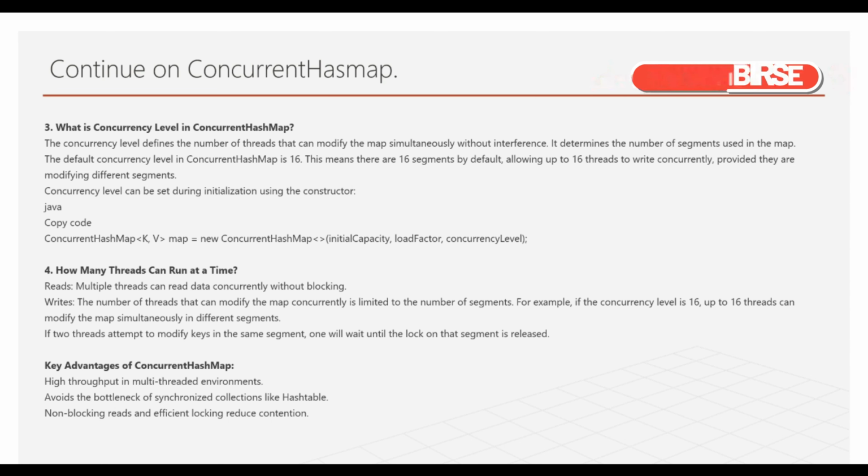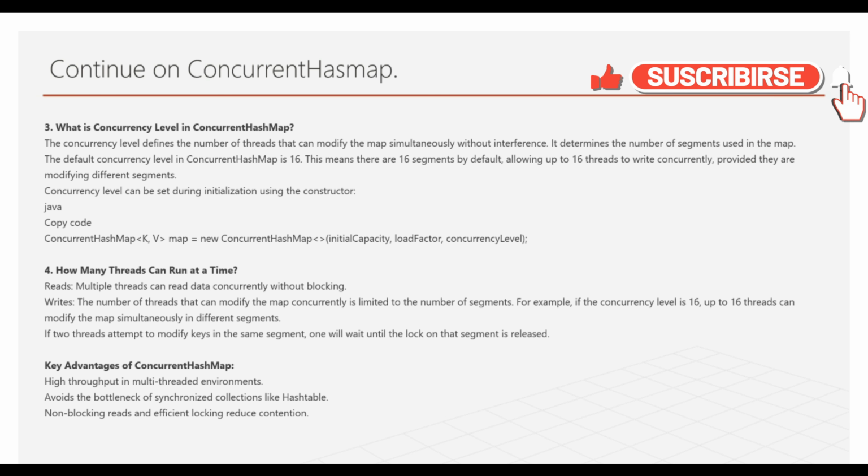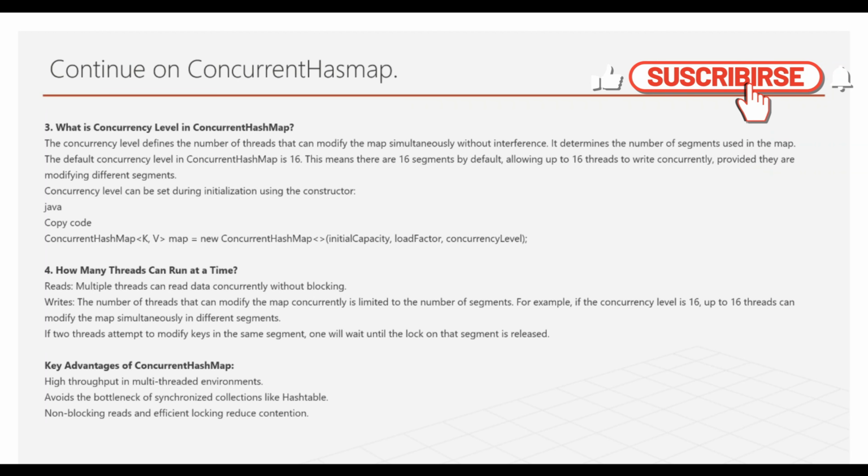We have how many threads can run at a time. So if you got the answer that there are 16 threads, right? Reads can happen without blocking. Multiple threads can read the data, but when it comes to writing, we can only modify the concurrent hash map in a limited number.